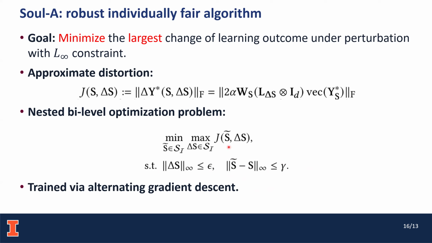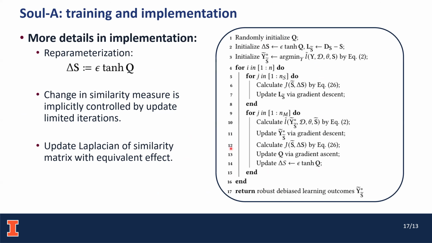Although this is a nested bi-level problem, we want to point out that there's no connection between the inner level, which is the optimization of Y star, and the optimization of the Laplacian of the similarity matrix. So we can train it within an alternative training paradigm.